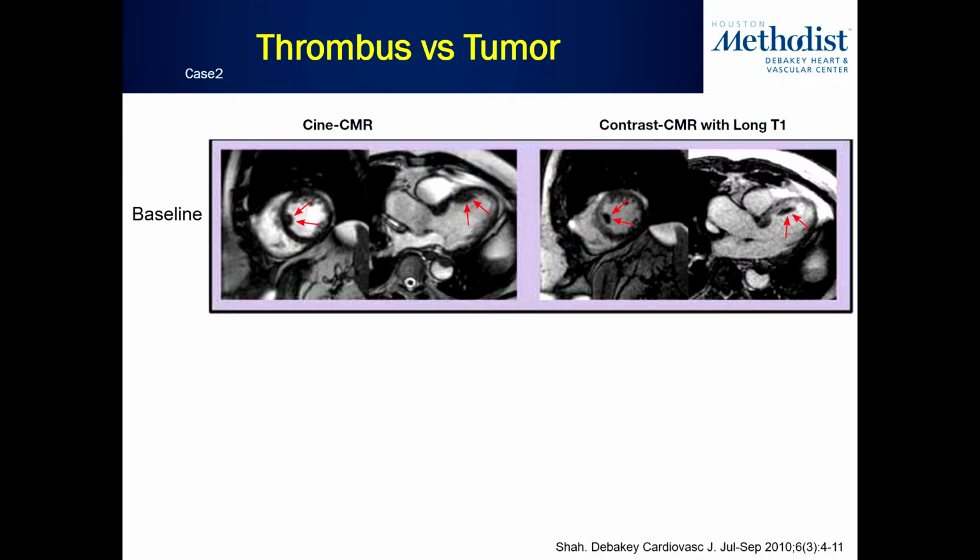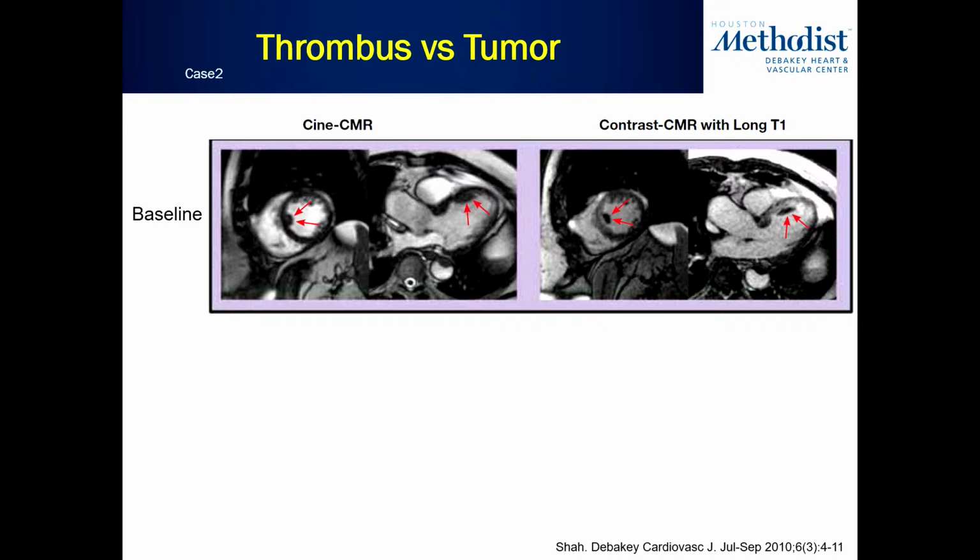Here was a lesion that was identified in the septum in your baseline images, and when you did your long TI imaging, you can see it's completely black, meaning this was, again, remember, after the administration of contrast. There is no evidence of contrast uptake of this lesion in the anterior wall. This is very much pathognomonic for thrombus.